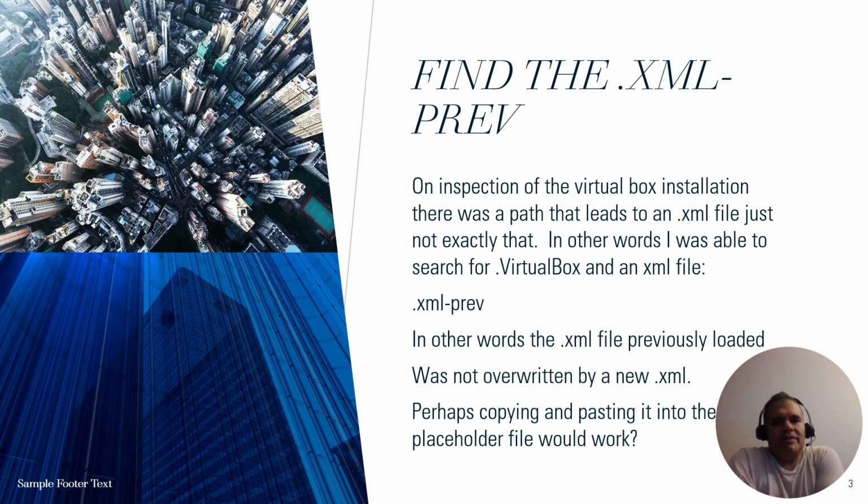So moving right along here, on inspection of the VirtualBox installation folder, there was an XML file and an XML-previous file. The XML-previous file was populated. In the next slide, I'm going to show you what it is. It looks like a virtual copy of what you'll find in the configuration file when you do successfully open Oracle Box.